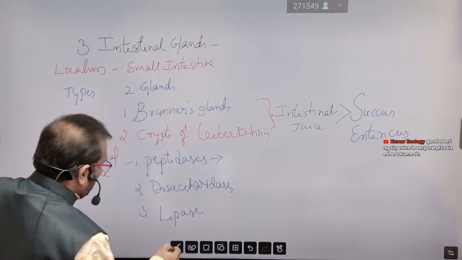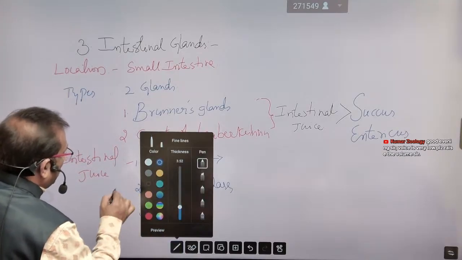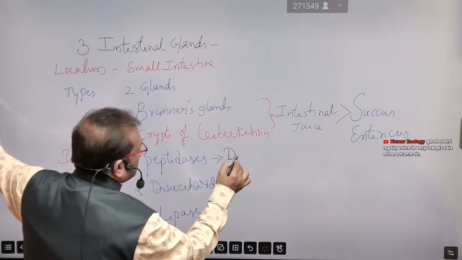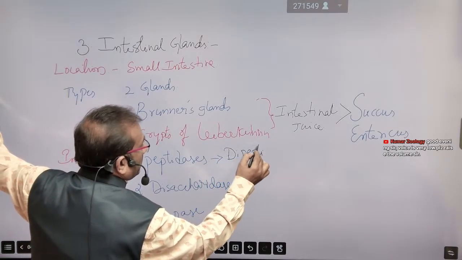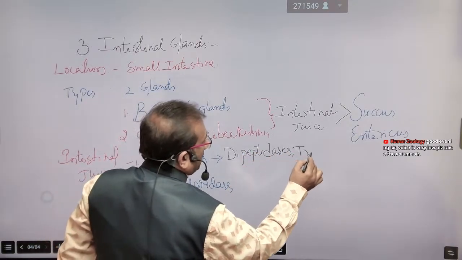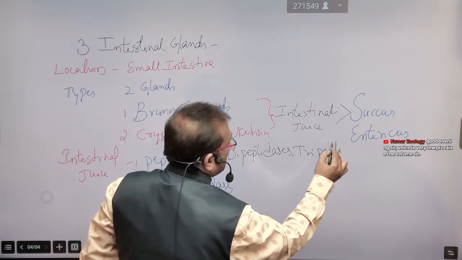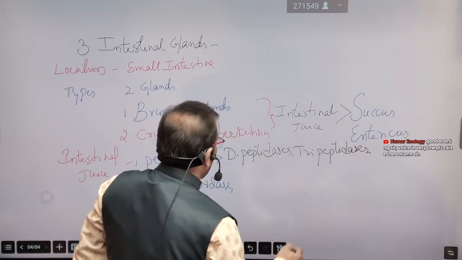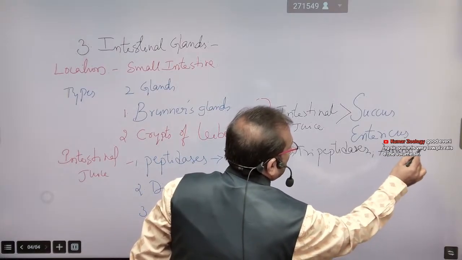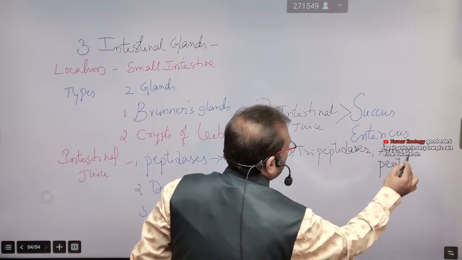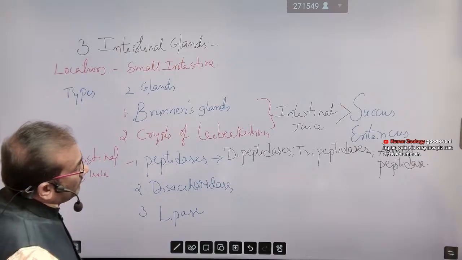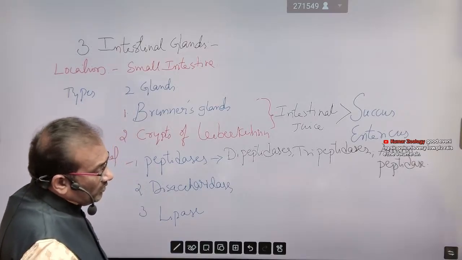What are the enzymes present in the peptidases? They are dipeptidases, tripeptidases, and aminopeptidases.